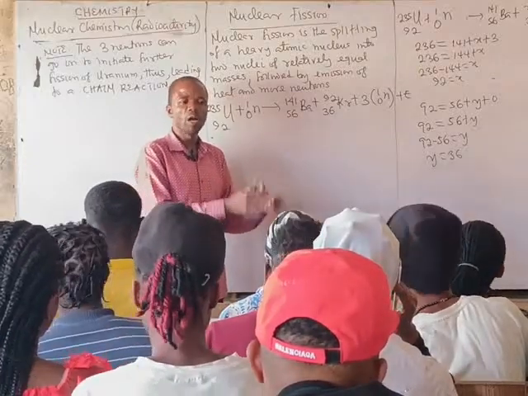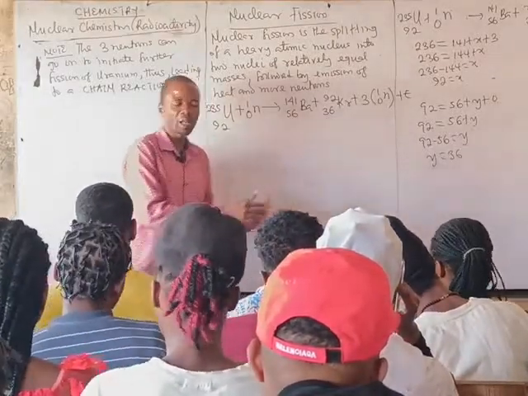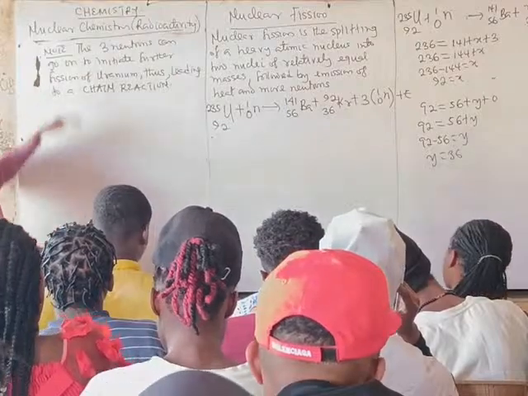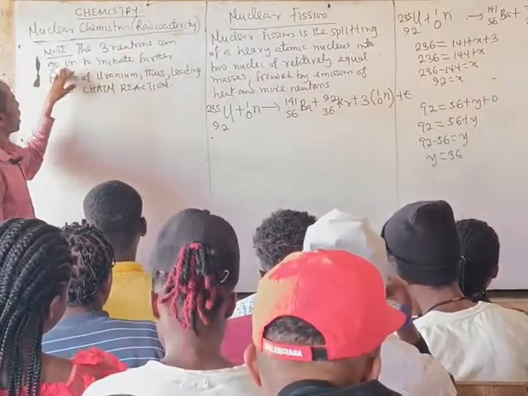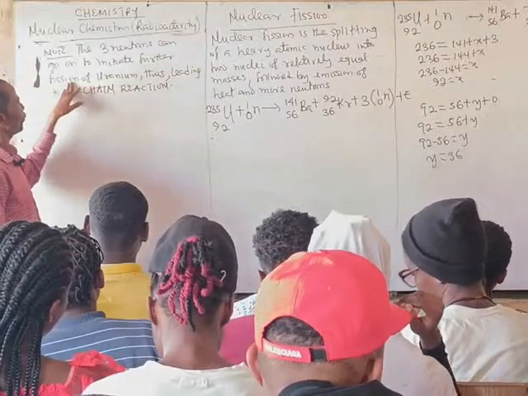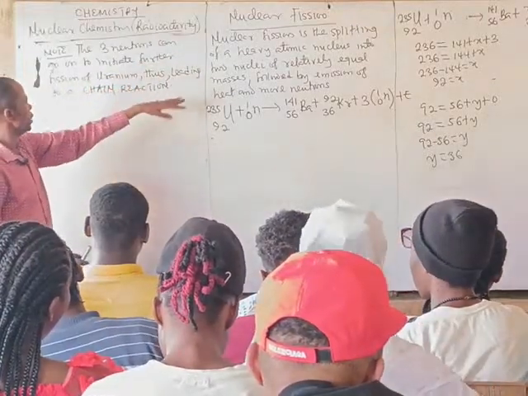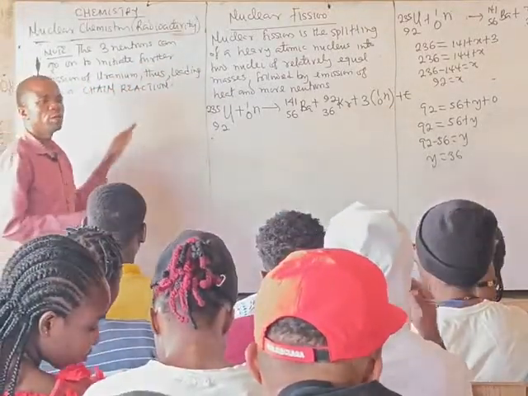It can go on and on and on like that. That is what I meant here. The 3 neutrons can go on to initiate further fission of the uranium, thus leading to a chain reaction.